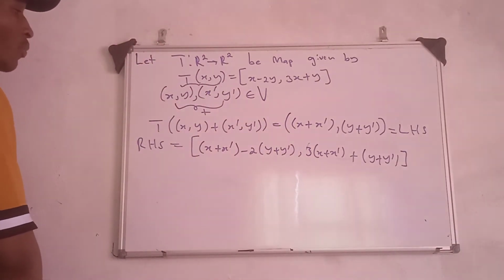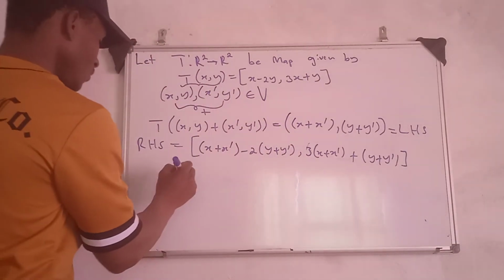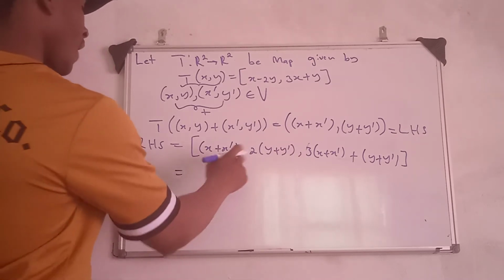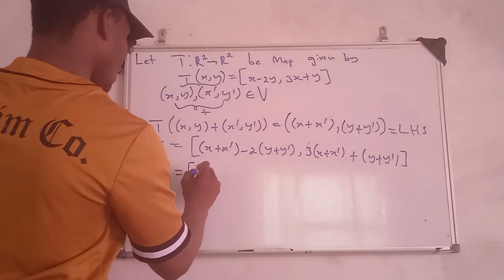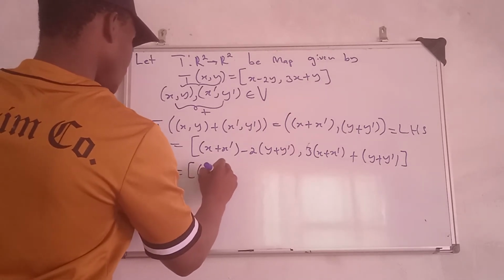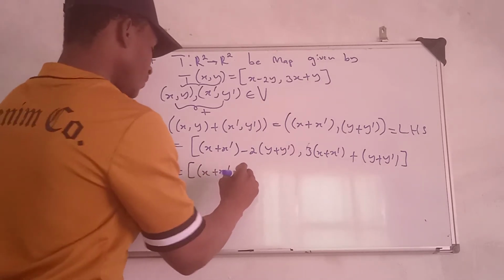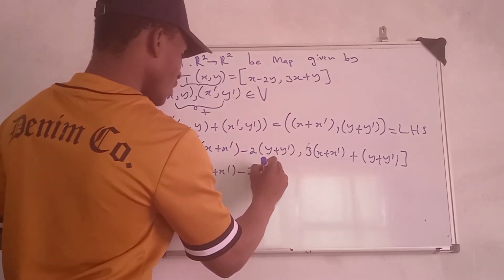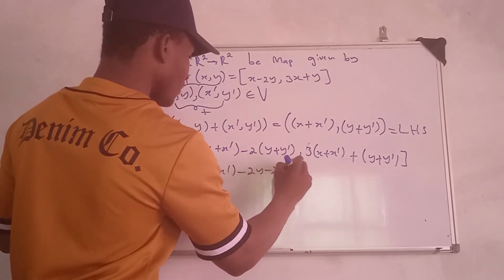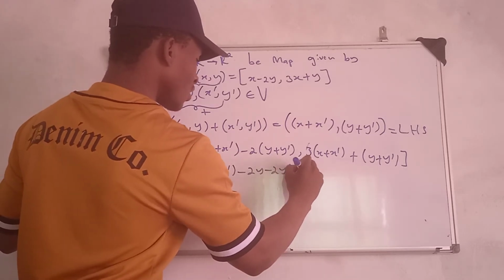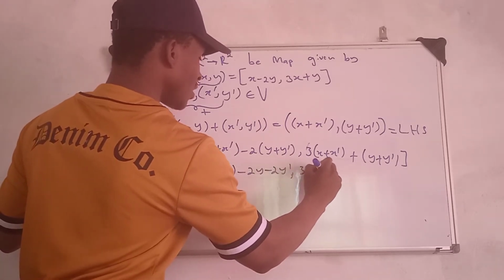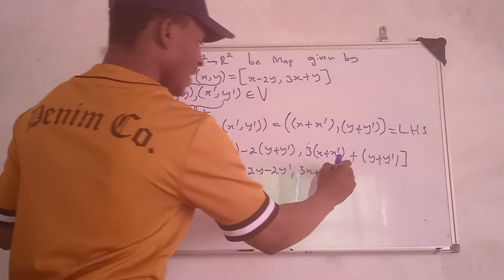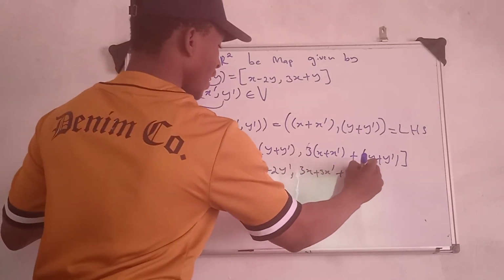This is what I'm going to put. So, I can multiply throughout the brackets. 2y minus 2y prime, 3x plus 3x prime plus y prime.